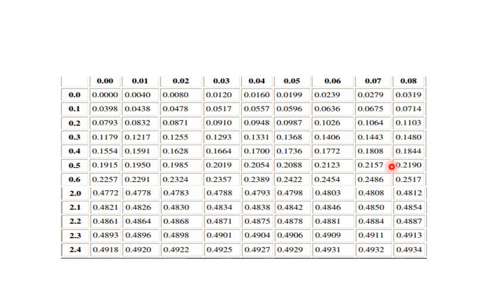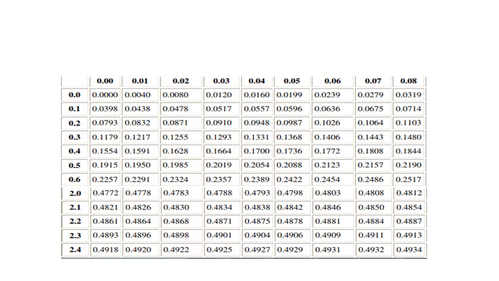Okay, so now let's know how can we get the area from 0 up to 2.33. This is 2.3, and this is 0.03, the second decimal place in Z. At the intersection, I will find the value of 0.4901.